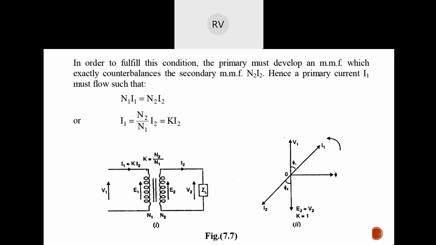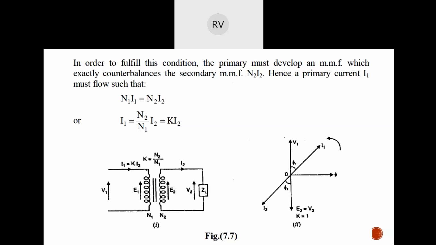So in order to counterbalance the extra flux being produced by the secondary of the transformer, the primary will draw some current from the source such that the MMF produced by this extra current drawn by the primary will be equal and opposite to the MMF set up by the secondary, that is N1 I1 is equal to N2 I2.